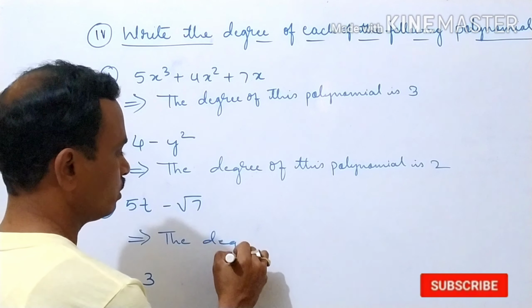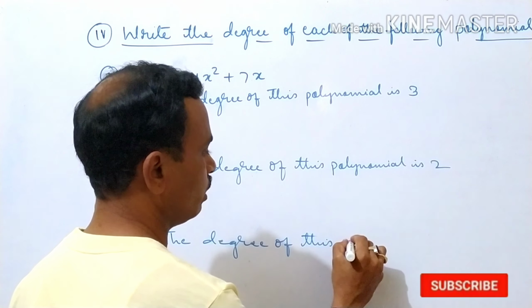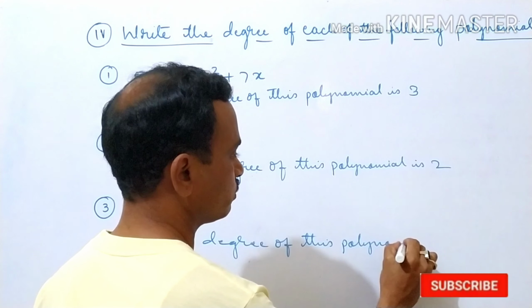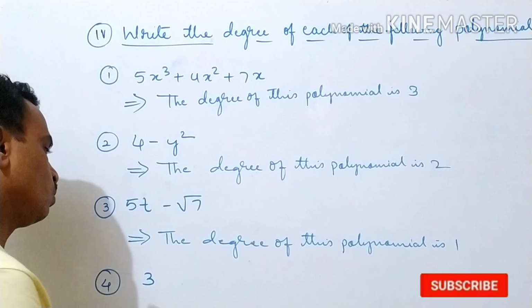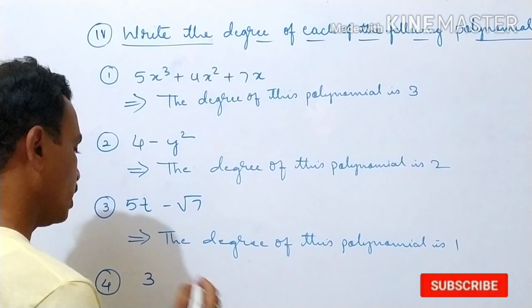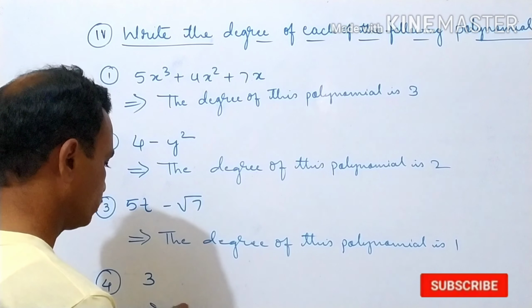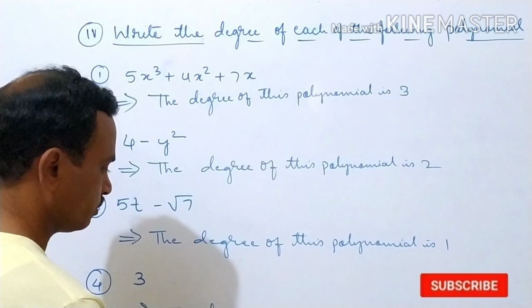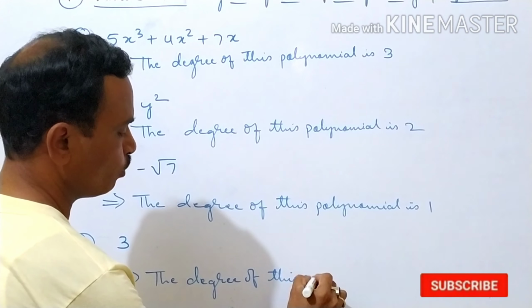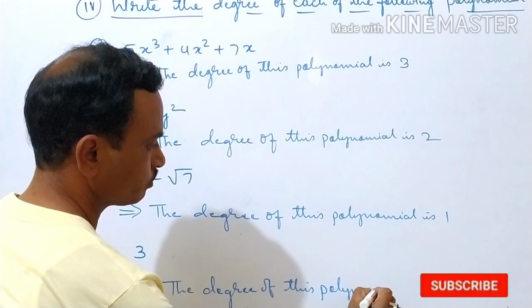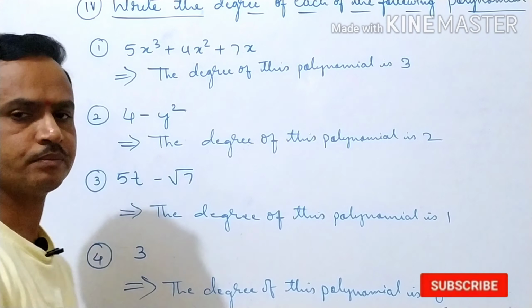The degree of this polynomial is 1. Now here only a constant term is given. That means the degree of this polynomial is 0.